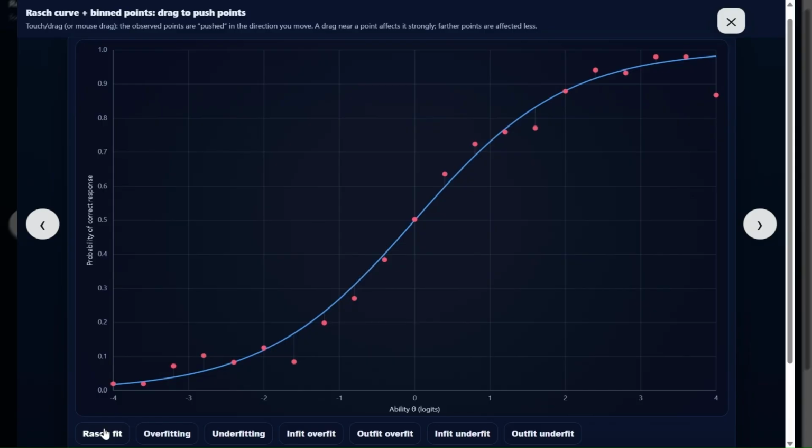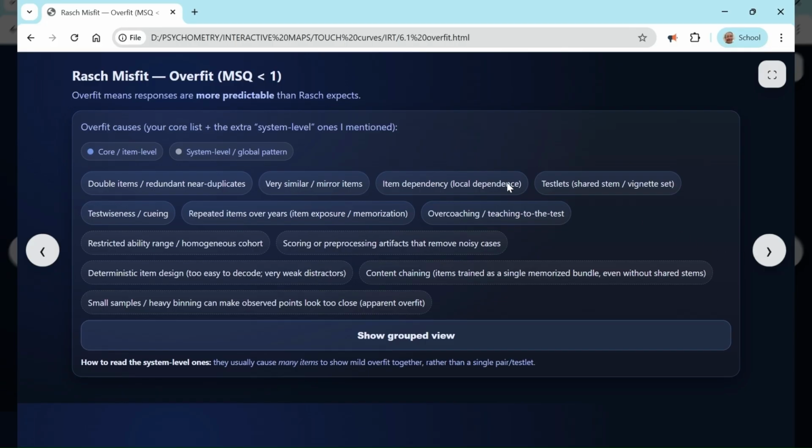So problems at the infit area are more dangerous. Generally speaking, the overfit means that the set is more predictable, and it's not a major derangement from the Rasch model as much as the underfit. So the most dangerous is the underfit infit, and then the underfit outfit.